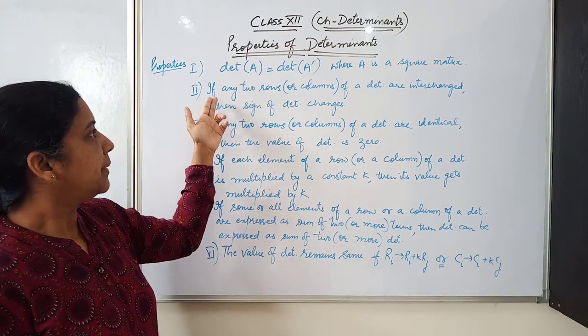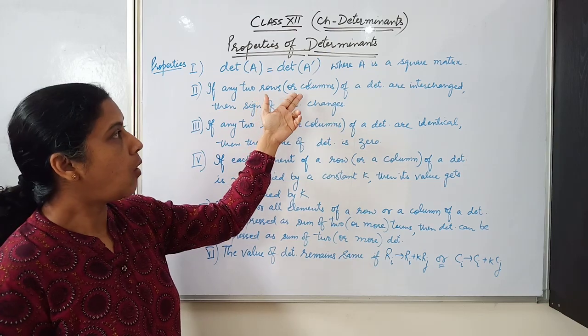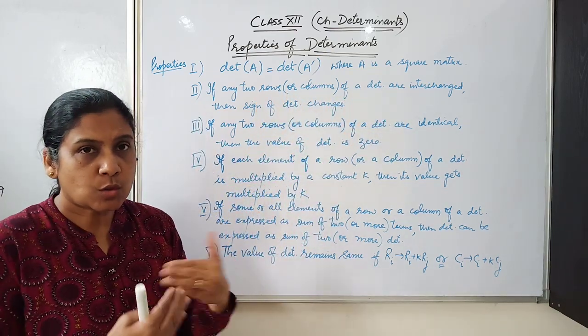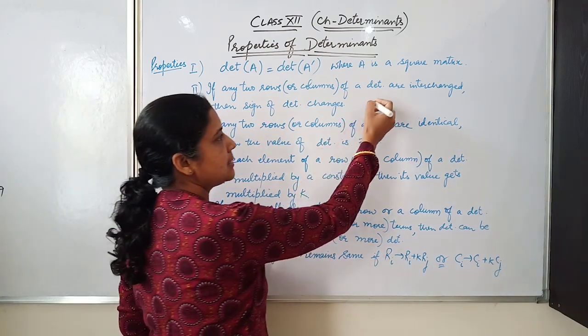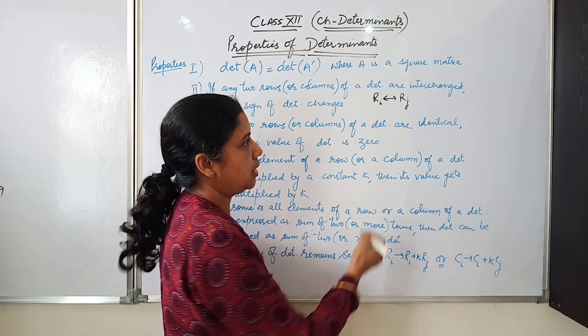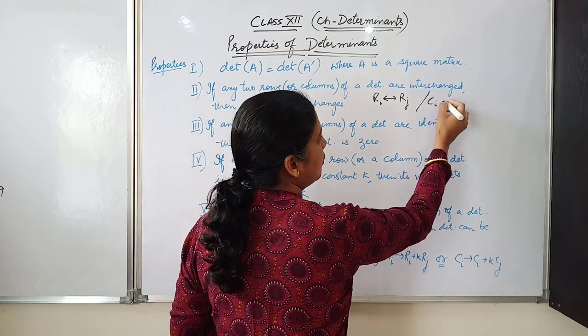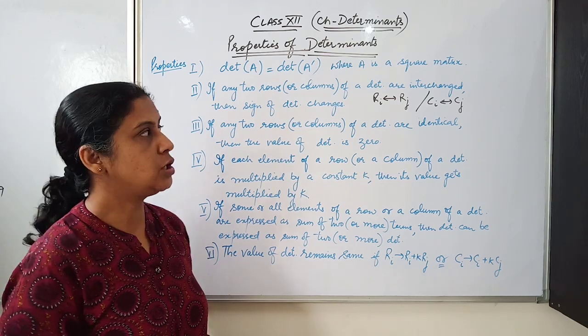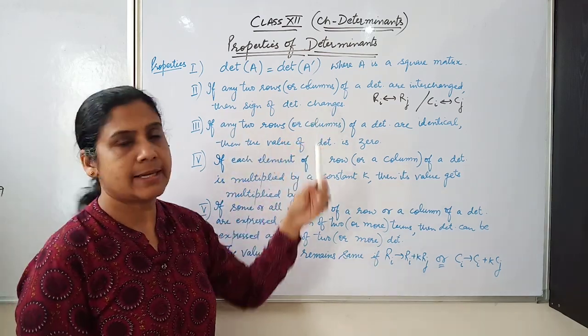Second property: if any two rows or columns of a determinant are interchanged, just row interchanged with row, that is, if you are going for Ri interchanged with Rj, or Ci interchanged with Cj, then the determinant sign changes.